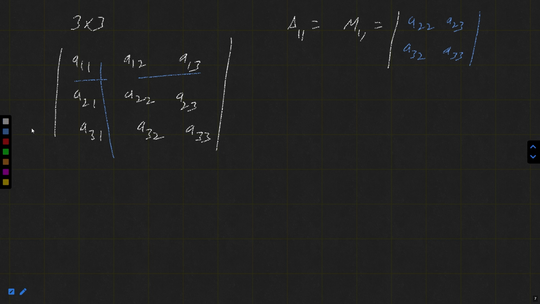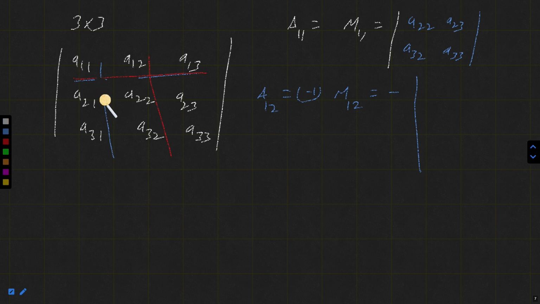Now what about A12? It means minus 1 to the power 3, which means just minus 1, multiplied with M12. M12 means eliminate the first row and second column.